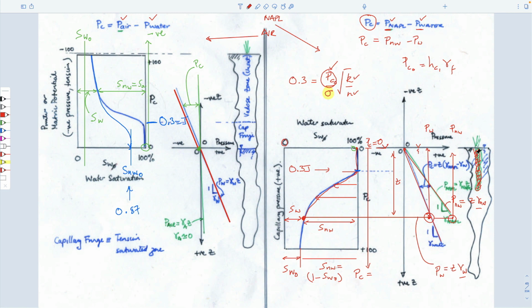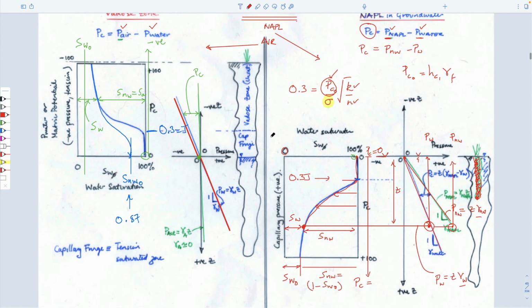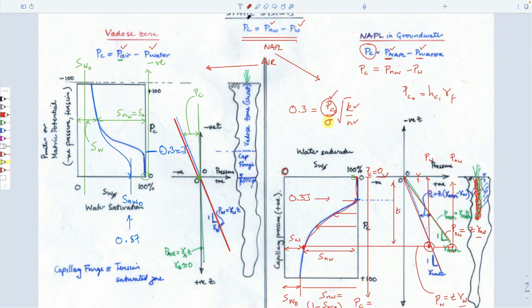As we go down through a connected ganglion of NAPL, the pressure in that NAPL would increase according to the unit weight of that fluid. The difference between those defines the capillary pressure. So it's just the difference between here that defines this.